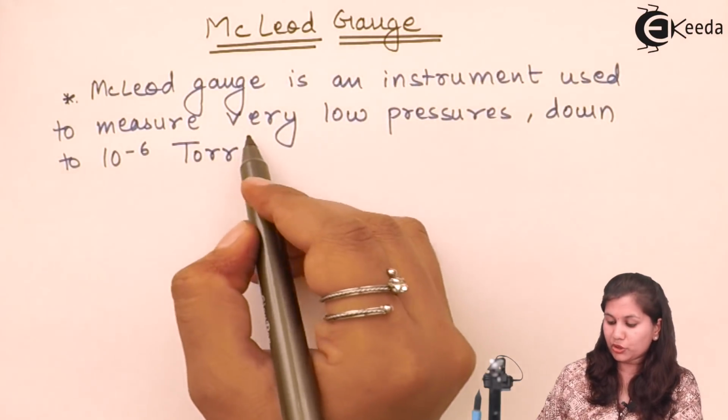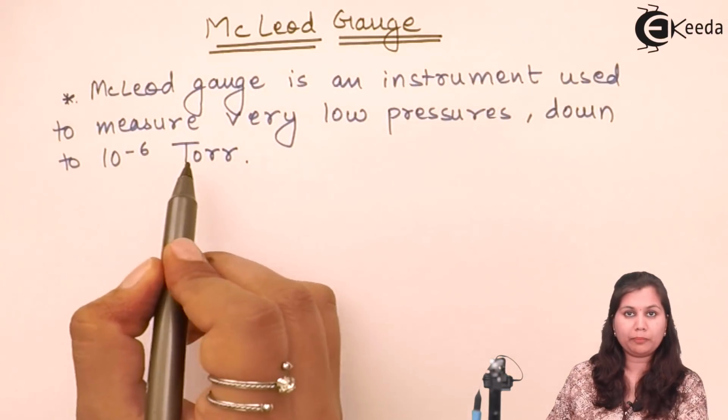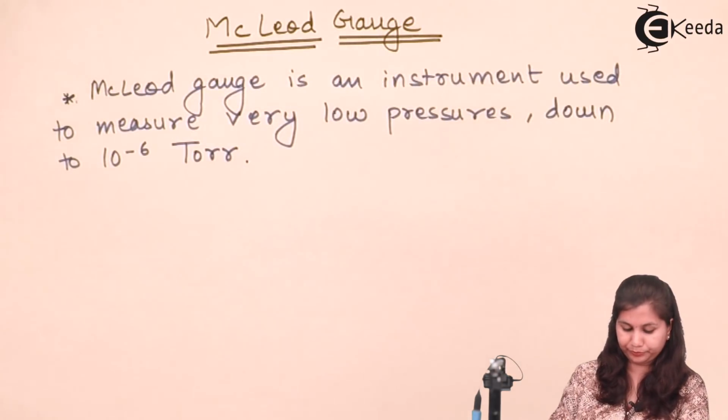So it is used to measure very low pressures down to 10 raised to the power minus 6 torr.